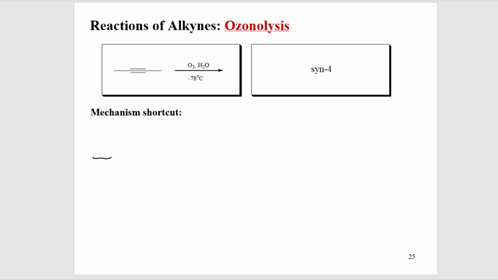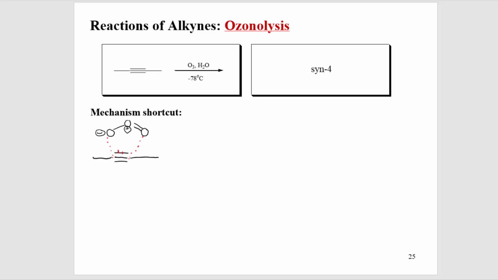I just want you to understand that the premise of how this works is the same as what we saw for alkenes. It's going to undergo a syn-4, or a mnemonic for syn-4. Here are the 2 atoms adding across the alkyne.